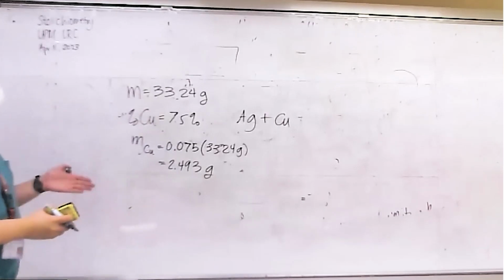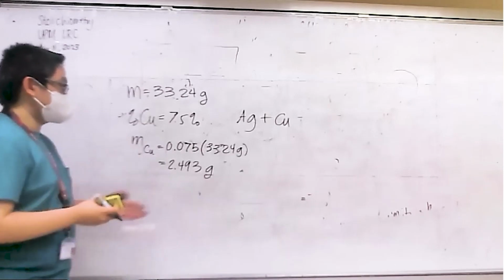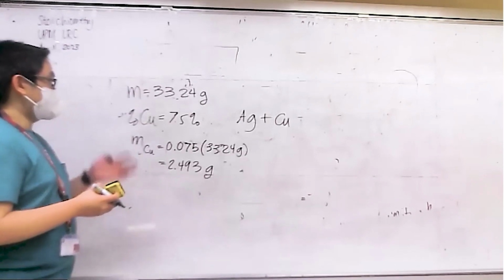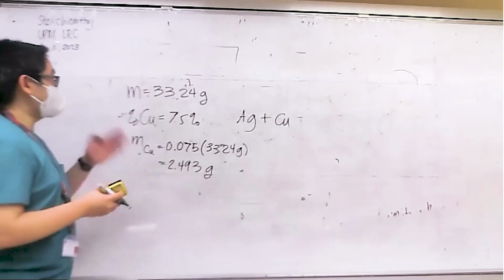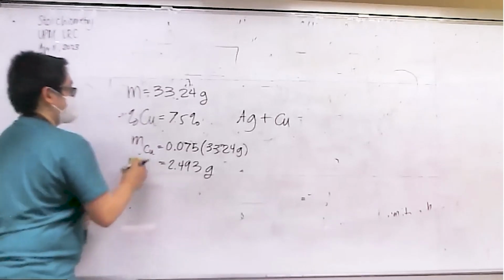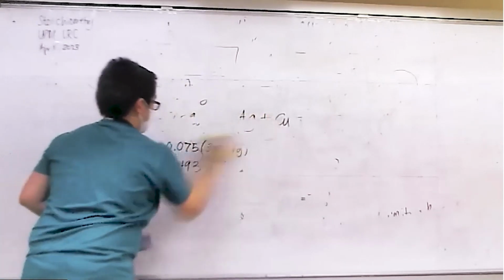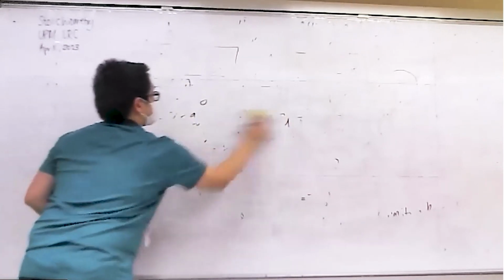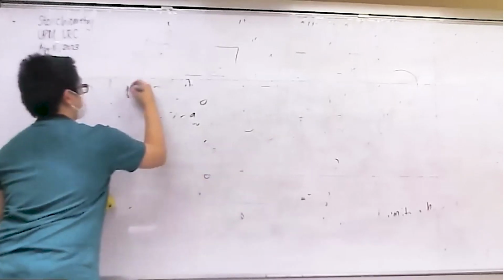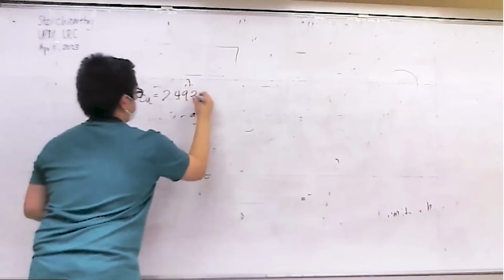So, now, since alam natin yung mass ng copper, we actually can use now stoichiometry para malaman kung ano yung number of copper atoms. So, mass of copper is equal to 2.493 grams.